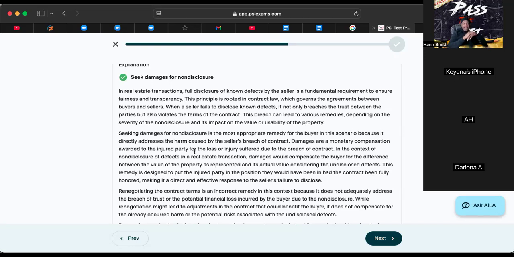In the context of non-disclosure of defects in a real estate transaction, damages would compensate the buyer for the difference between the value of the property as represented and the actual value considering the undisclosed defect. This remedy is designed to put the injured party in the position they would have been in had the contract been fully honored, making it a direct and effective response to the seller's failure to disclose.